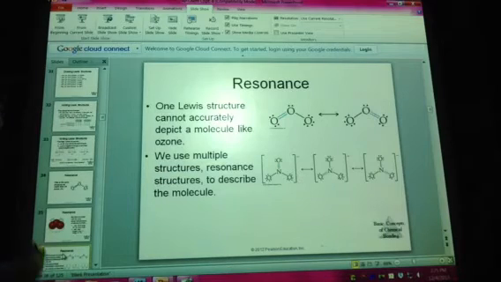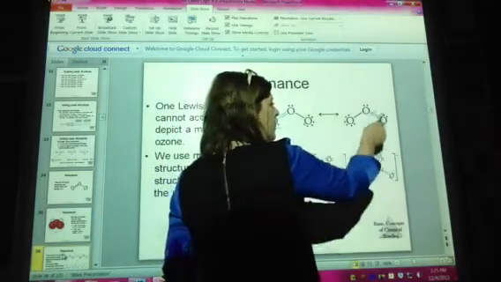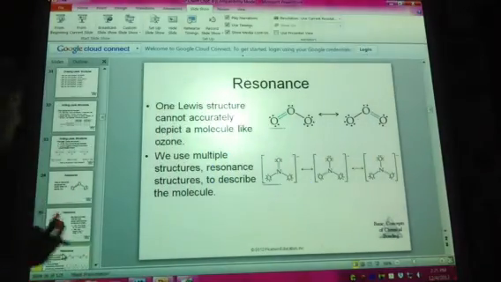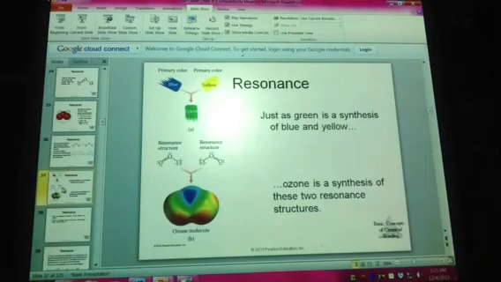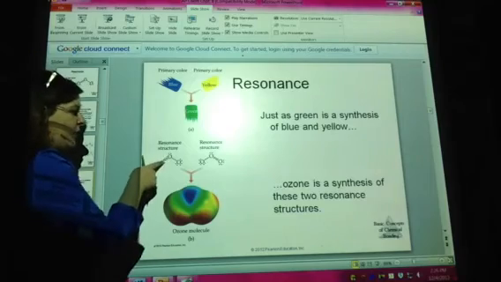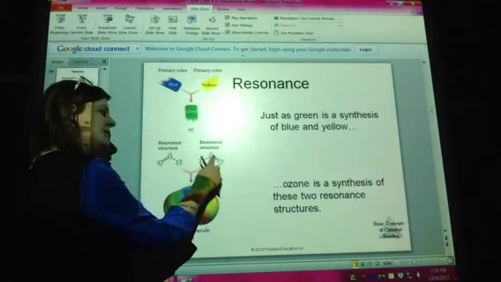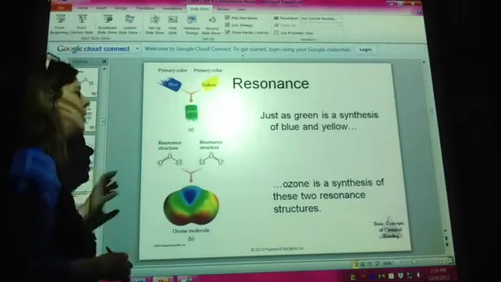One Lewis structure may not be able to accurately depict a molecule like ozone. Instead, I could have the double bond placement here or the double bond placement here. So what we find in actuality is that ozone, here's my double bond on this side, could have another resonance structure with a double bond on this side, like mirror images of one another.